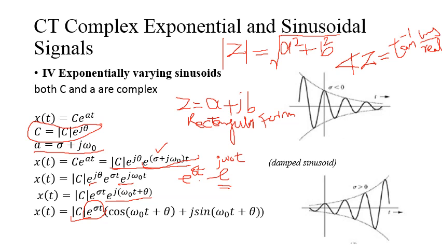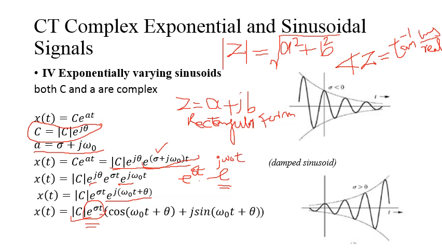So the resulting waveform will be, if sigma is greater than 0, right? If sigma is greater than 0, that means this signal will be exponentially growing, right? If sigma is greater than 0, that means it has some positive value. Even with a very small positive value, t is increasing, you understand t has value from 0 up to infinity.